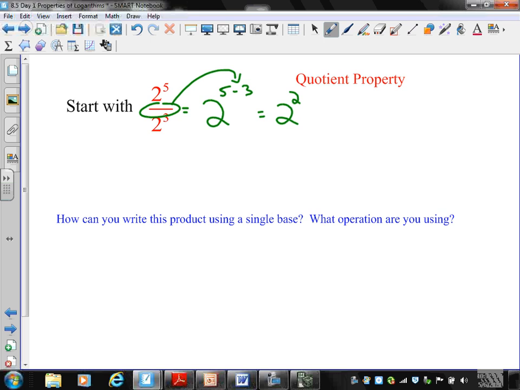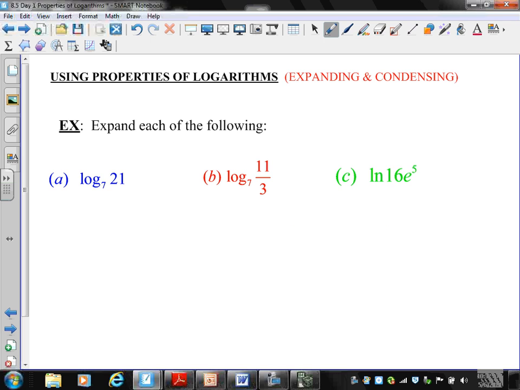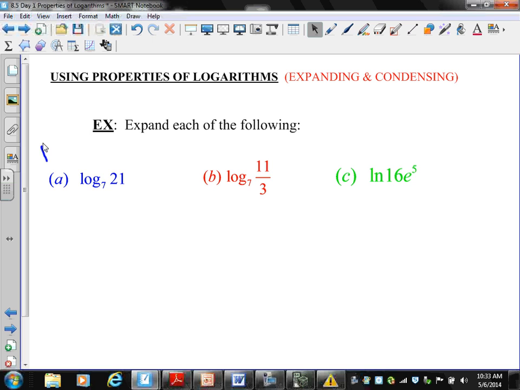Okay, so that's a little background to where these properties are coming from. I'm going to skip ahead 2 slides here, and I'm actually just going to go ahead and use the properties. Again, I haven't told you what these properties are yet. I'm just going to go ahead and use them, and hopefully you pick up on the idea of what's happening here. And then we'll go back, and I'll explicitly say what the properties are. Okay, so I'm looking at the first one here. First of all, I'm looking at the directions that tell me to expand on each of the following.